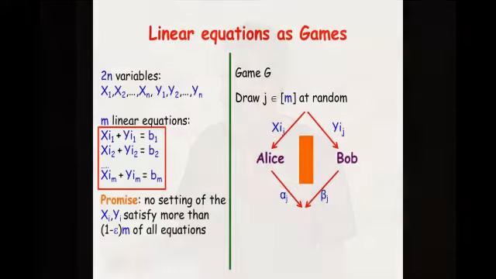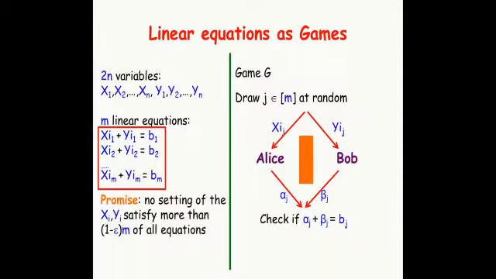What's the probability that they'll succeed, namely, that this will satisfy the equation? What's the best probability for the best strategy they have, if no solution satisfies more than 1 minus epsilon of the equations?